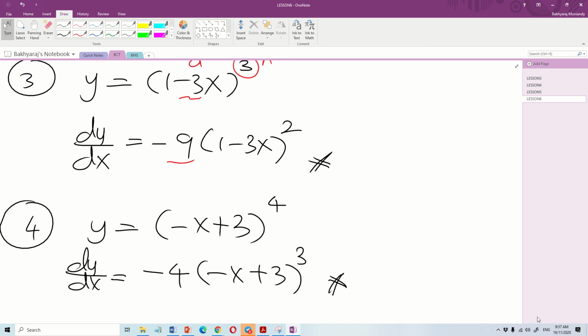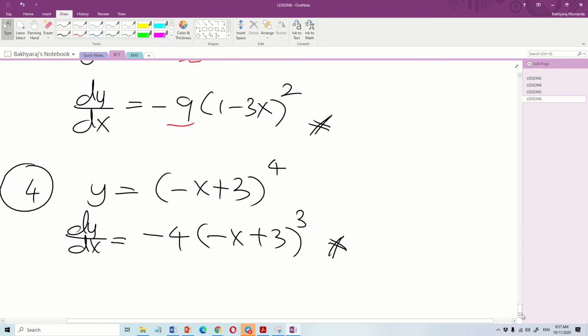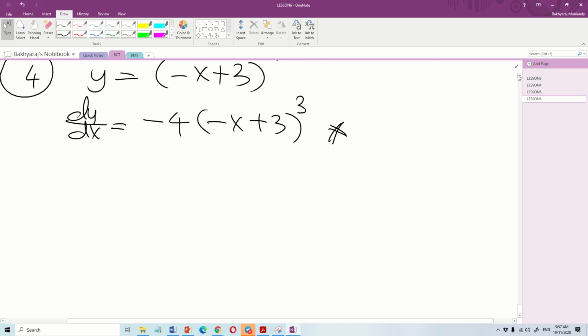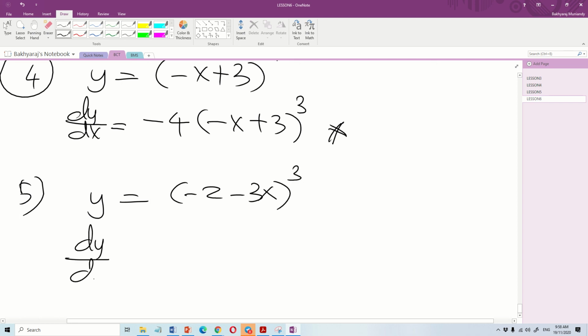One more last question. Okay, one more last question, number 5. Okay, y equal (negative 2 minus 3x) power of 3. So what is now dy/dx?